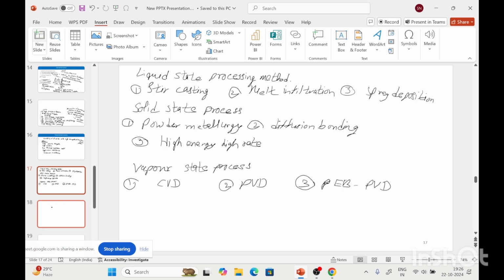Next, in the processing of the composite, first, how does the reinforcement lead to strengthening of the metal matrix?